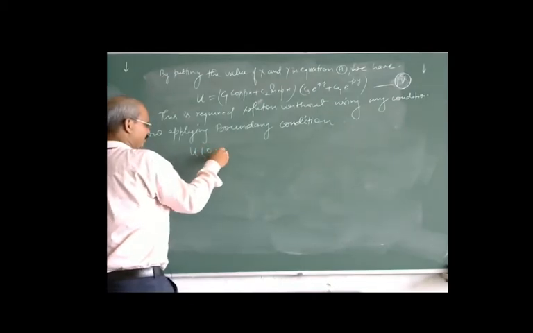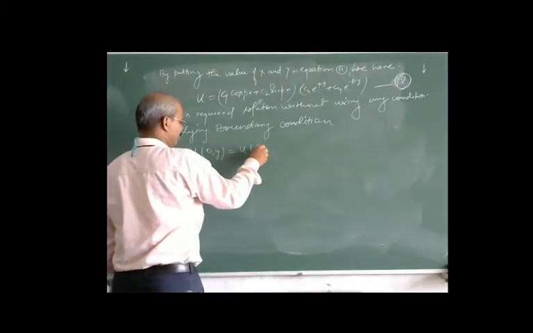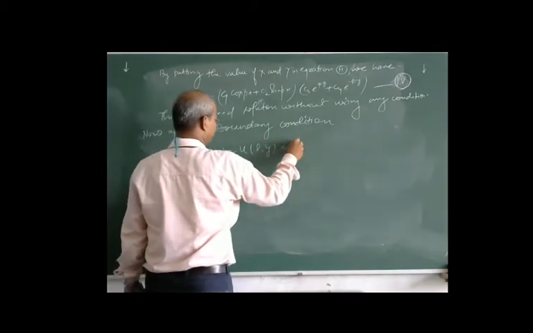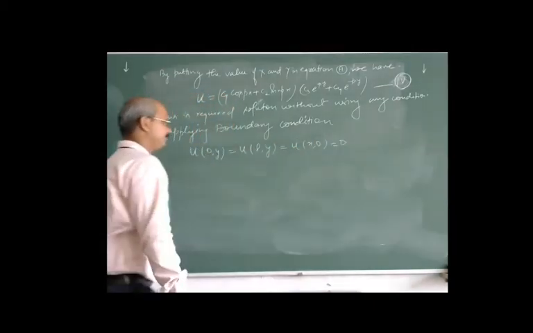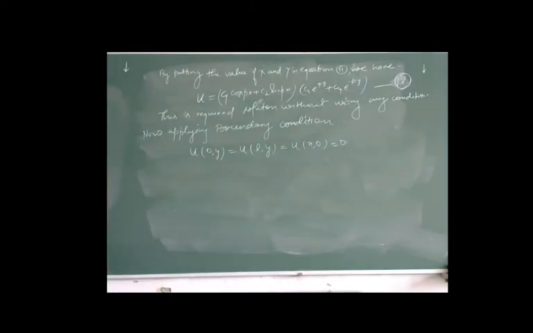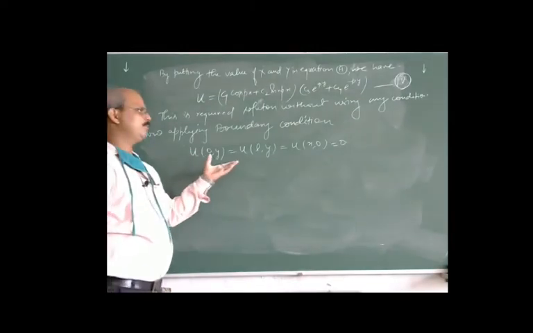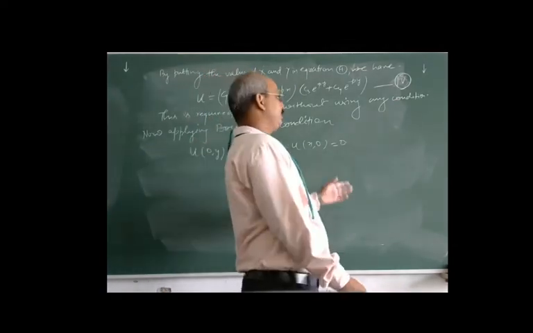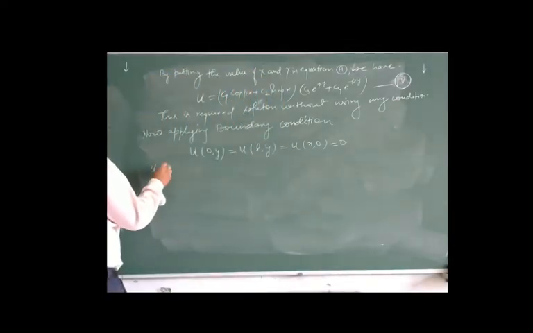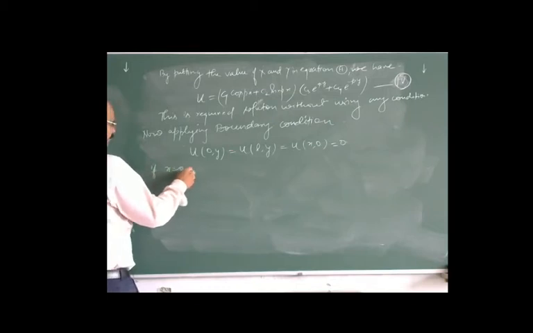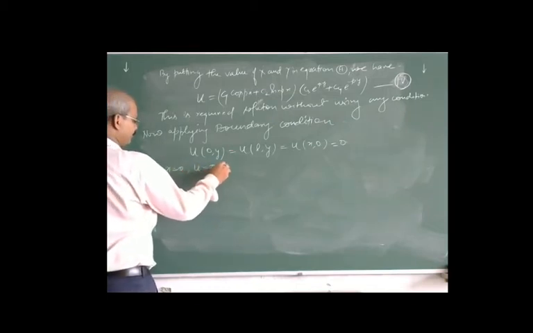The boundary conditions are u(0,y), u(l,y), u(x,0) is equal to 0. So I am going to apply them one by one. Let us see. If x is equal to 0, u equal to 0.